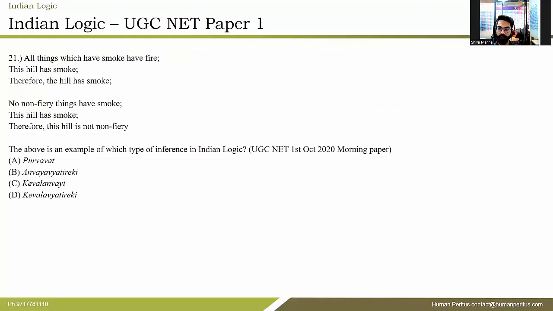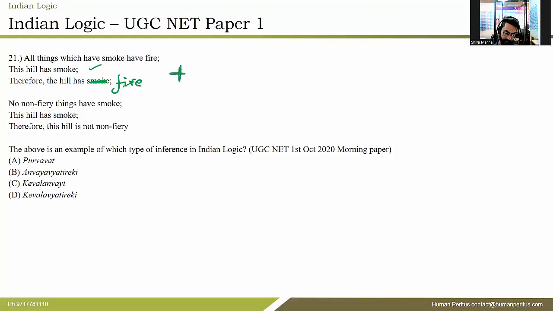All things which have smoke have fire. This hill has smoke. Therefore, the hill has fire. This is one statement. The other one is: no non-fiery thing has smoke. This hill has smoke. Therefore, the hill is not non-fiery.